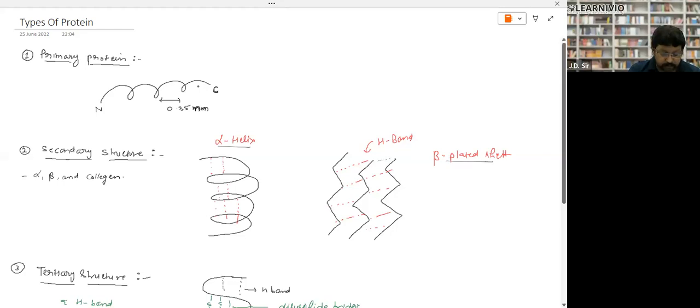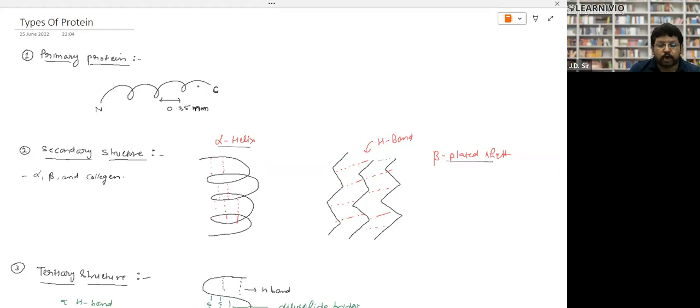Next point. In beta pleated secondary structure, two or more polypeptide chains get interconnected by hydrogen bonds. Full stop.